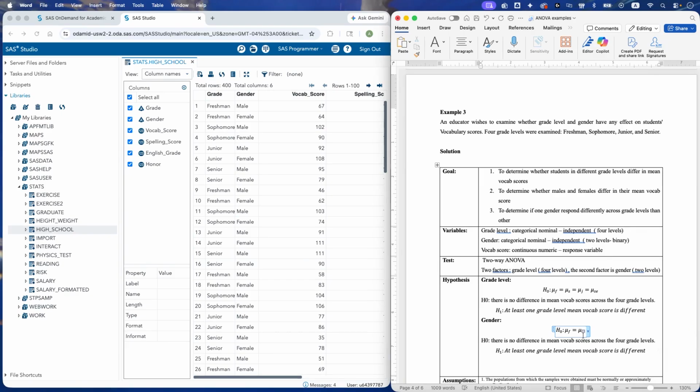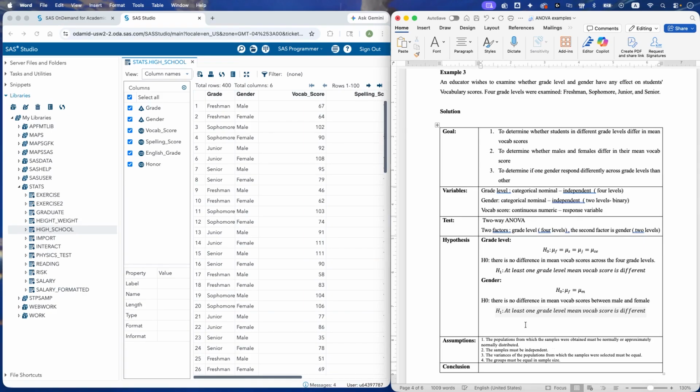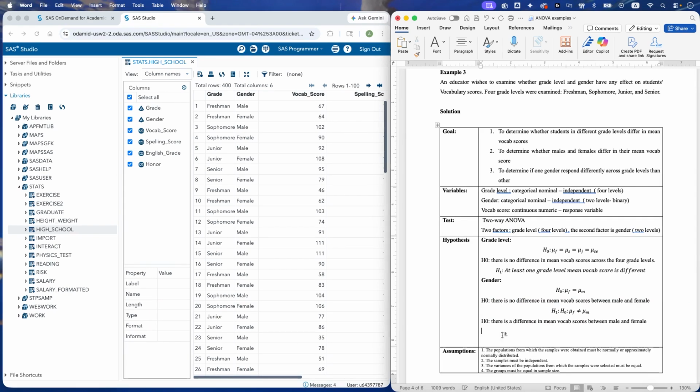In other words, there is no difference in mean vocab score between female and male. And the alternative hypothesis is that these are not equal. They are different. It's similar to the t-tests. There's a difference in the mean vocab scores between male and female.